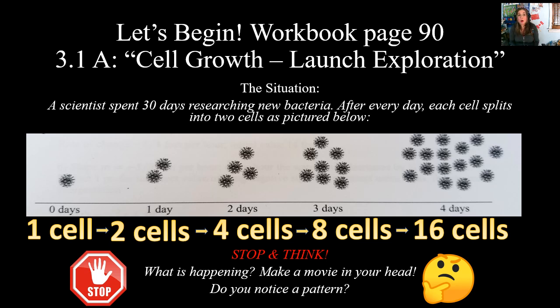So right now, I want you to stop for like a minute, pause this lecture, and visualize these cells splitting into 2 pieces every single day, and visualize the kind of growth that's going to come from that. You can already start to see it in the picture. So guys, press pause and think about what is happening in this situation.